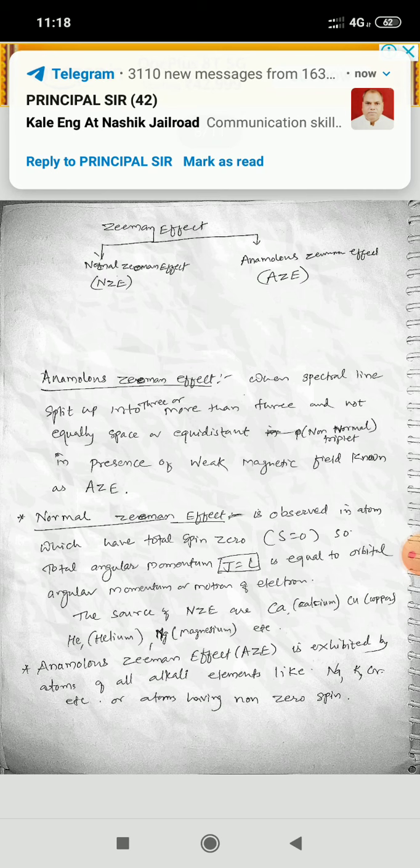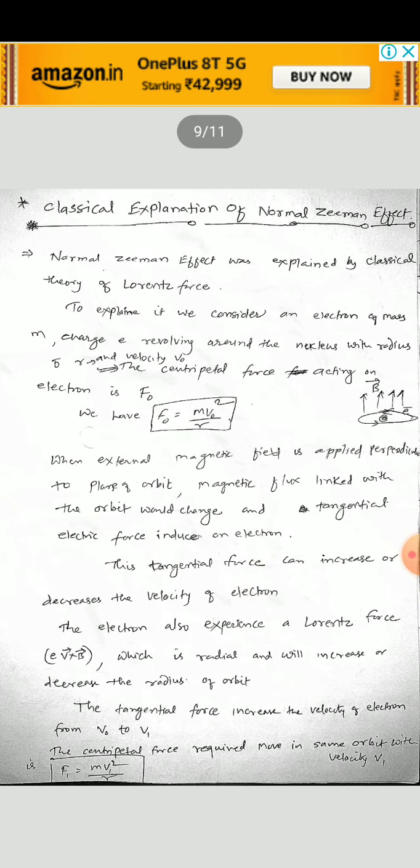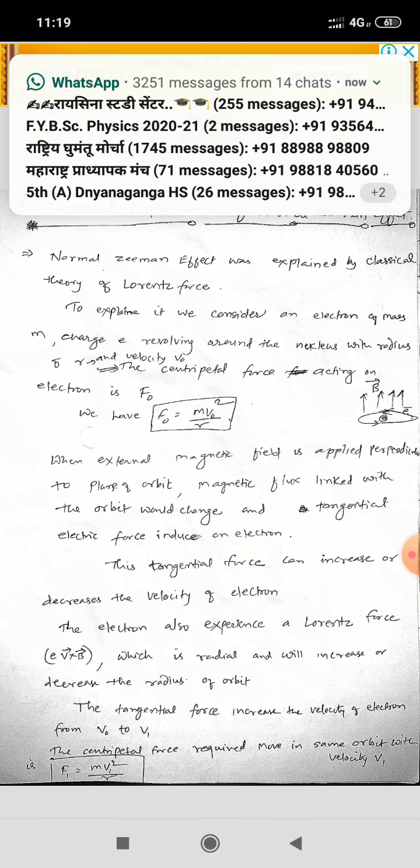And anomalous Zeeman effect is exhibited by atoms of alkali elements like sodium, potassium, chromium. So today we are going to learn the explanation of normal Zeeman effect by using classical theory.